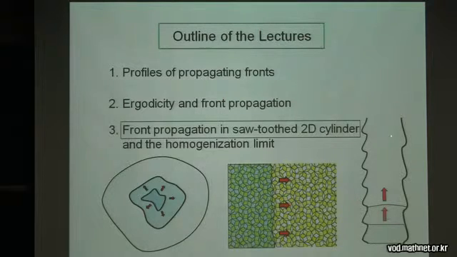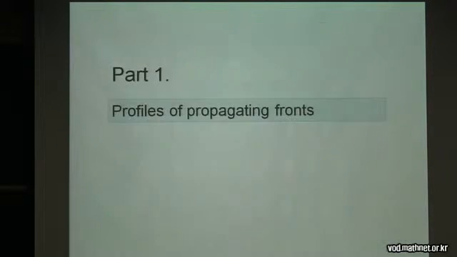So this is the cylinder with undulating boundary. If the boundary is not flat, what sort of effect does the geometry of the boundary give to the propagation of the front? So this is the third topic, and I may explain a little bit about that.